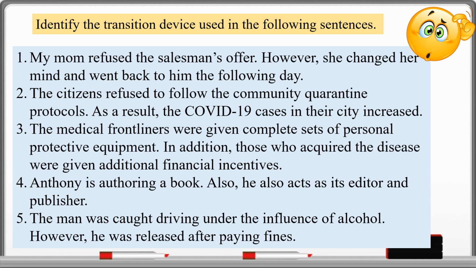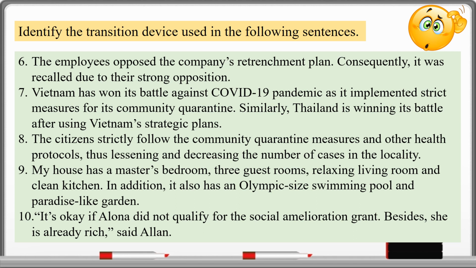Here are the answers. 1. However. 2. As a result. 3. In addition. 4. Also. And 5. However. Did you get everything correctly? Let's have the next part.